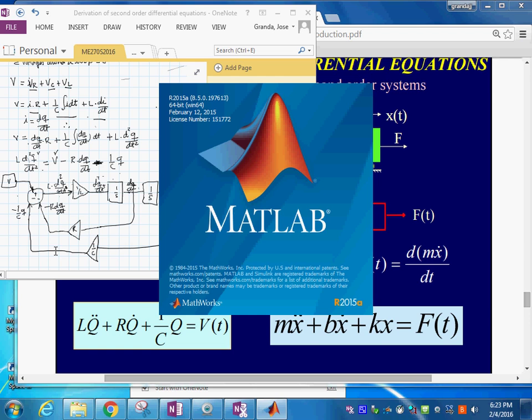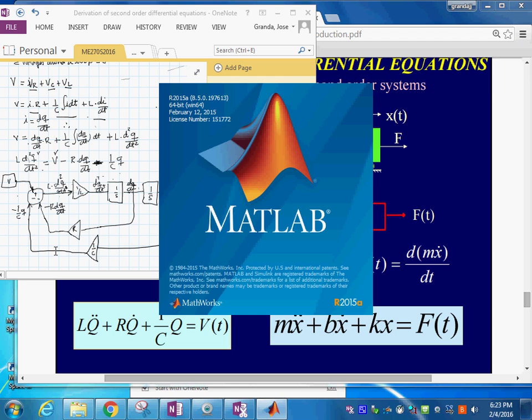At the prompt, we enter the word Simulink, and MATLAB will actually run the Simulink section, which is a tool from MATLAB.